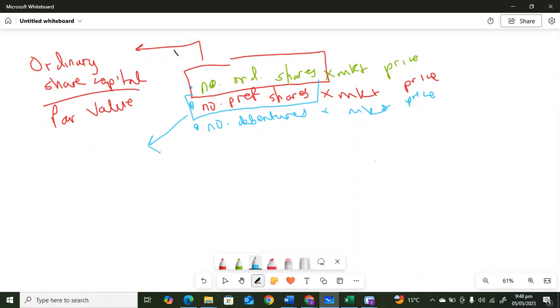Look at the example above and try to apply it to this one here. For ordinary shares, we said ordinary share capital divided by par value. So for preference shares, what would be the number? Yes. Preference share capital.